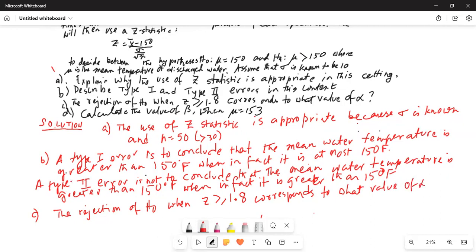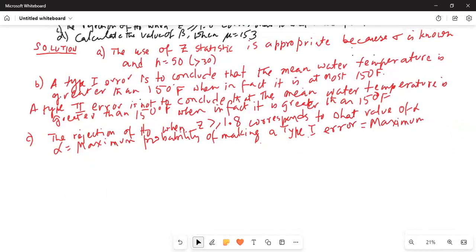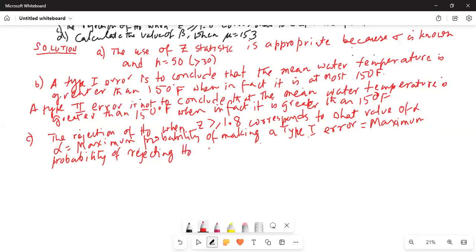Remember, alpha is the maximum probability of making a type 1 error, or the maximum probability of rejecting H0 when it is true.